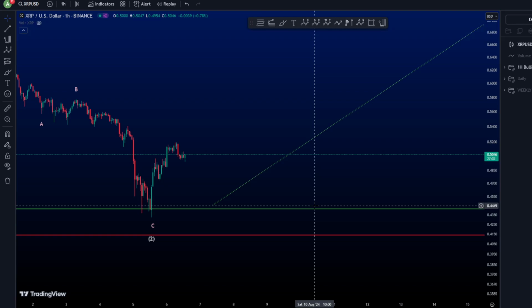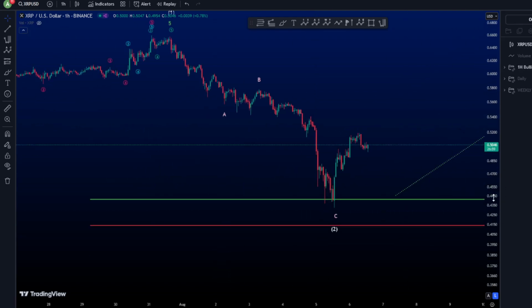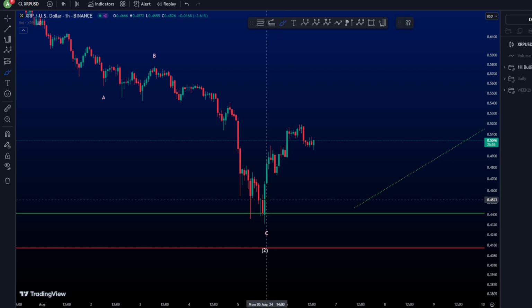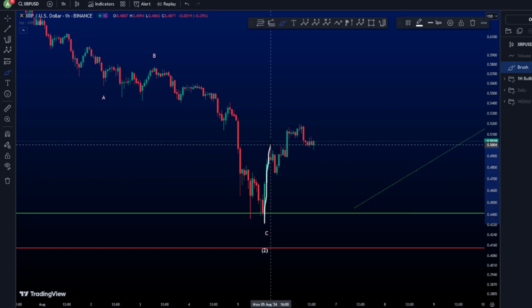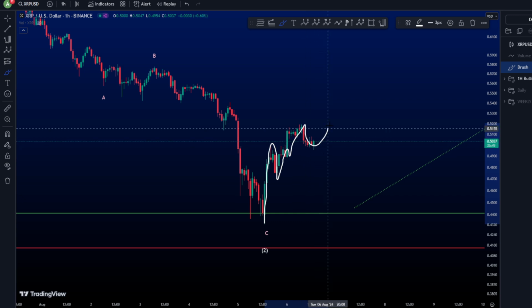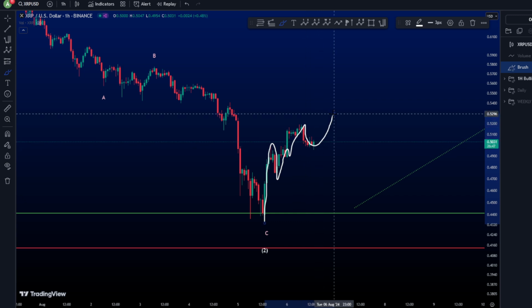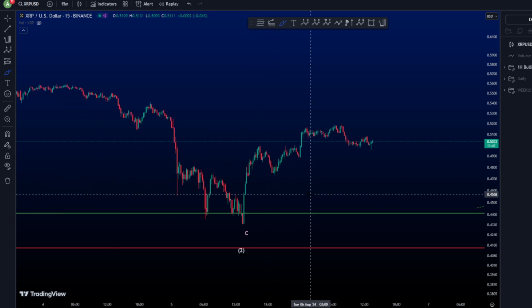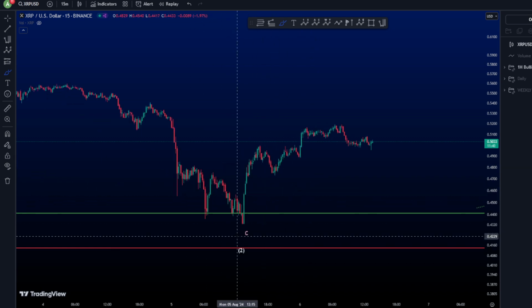Therefore, in the micro charts, if we go inside here, we can see already a formation of a 1, a 2, and 1, 2, 3, and 4, and 5 potentially. If we move this inside the 15-minute chart, we can see exactly that.